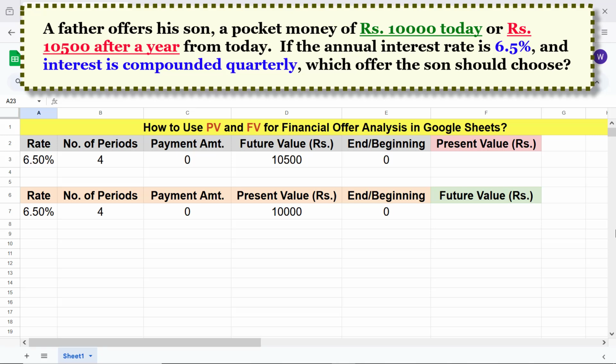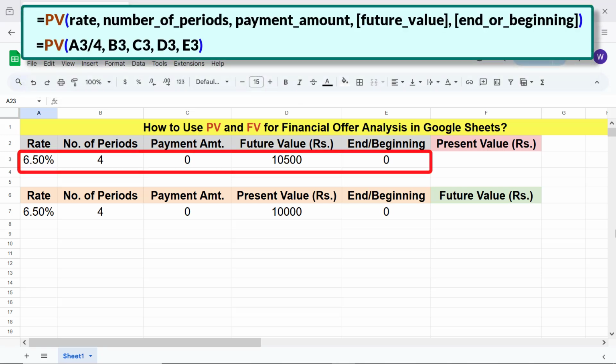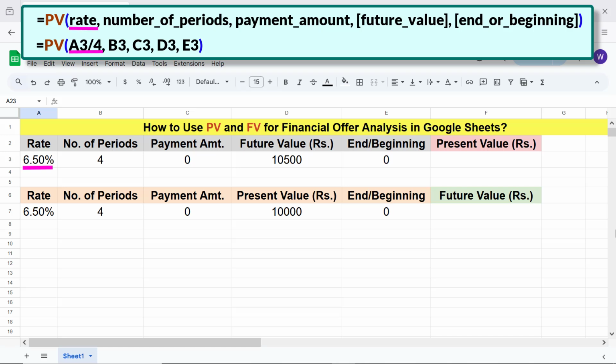To decide which offer to choose, first, let's calculate the present value of Rs 10,500. The formula for this data is: rate of interest is divided by 4, because the interest is compounded quarterly.